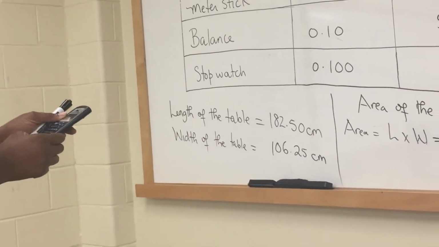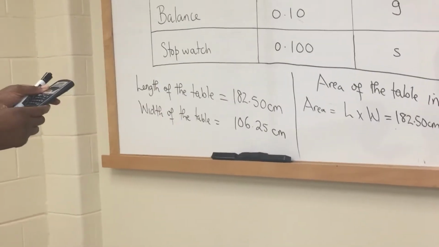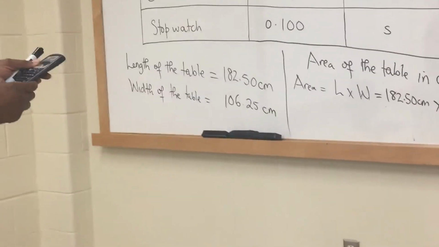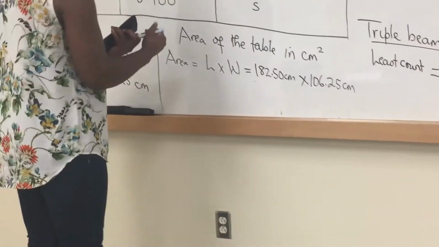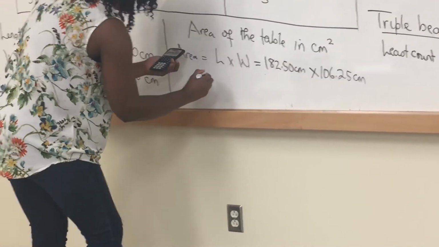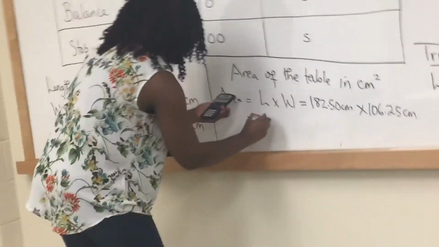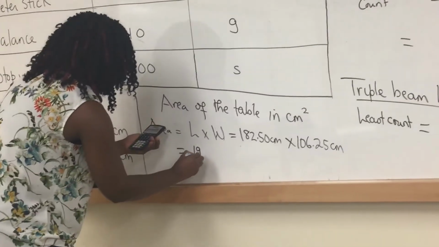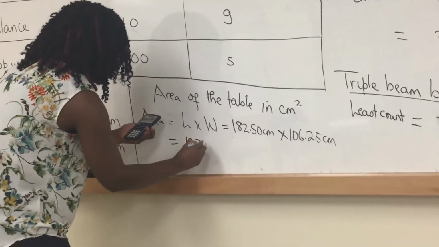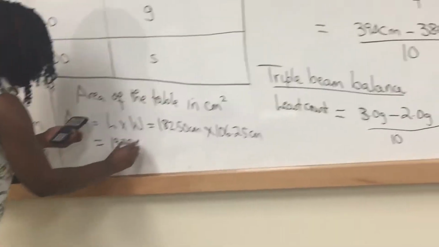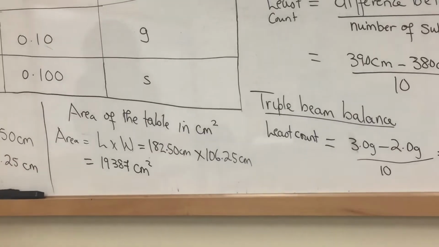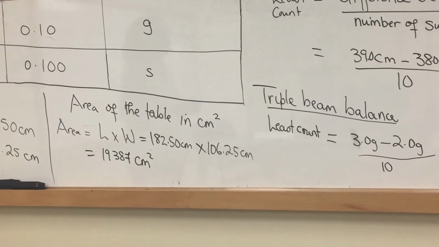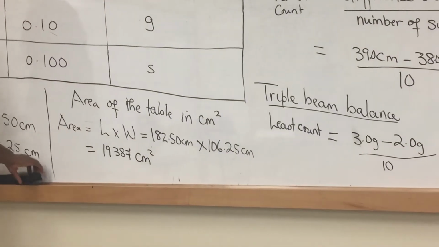I have 182.50 times 106.25, and I will report this to 5 significant digits as 19,387 square centimeters. So this is the area of the table in square centimeters.